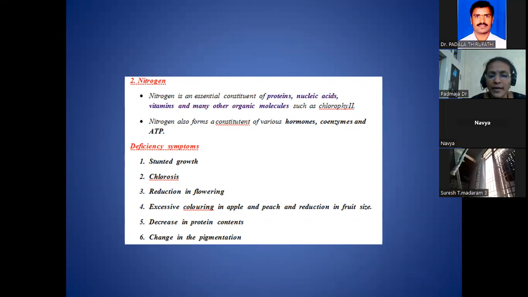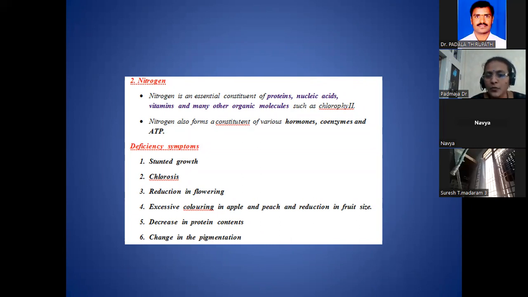And reduction in flowering. If the plant growth is stunted, there won't be any hormones. The production of hormones will be affected. As a result, flowering will also be affected. Like this, fruiting will also be affected. So there is excessive coloring in apple and peach, and a reduction in fruit size also. That means the plant does not have the capacity to produce a healthy yield.